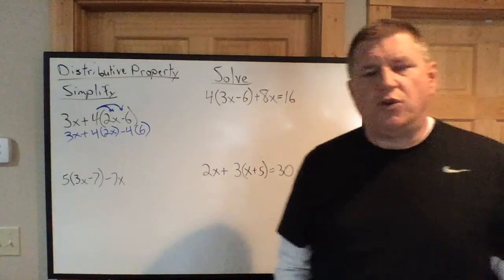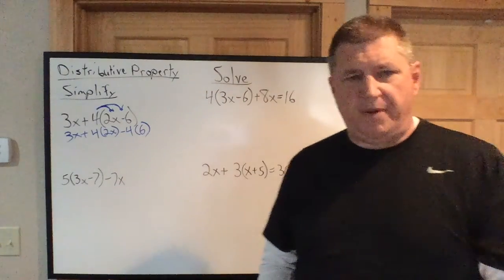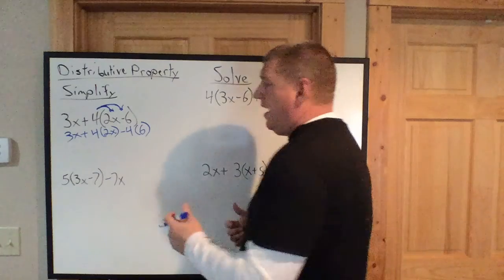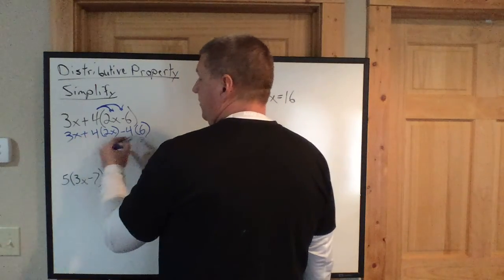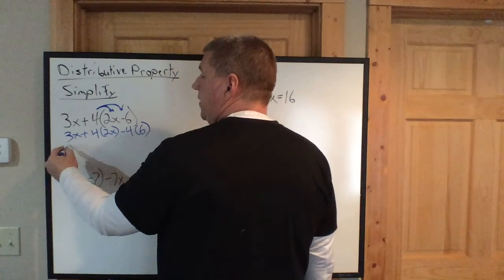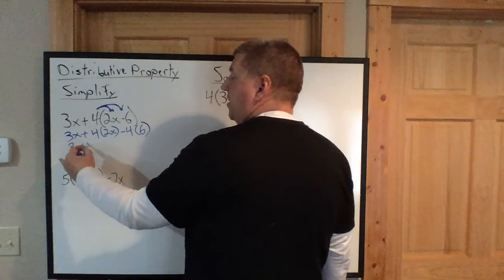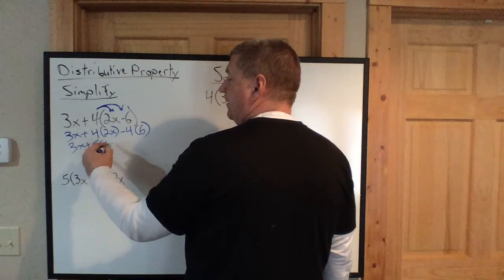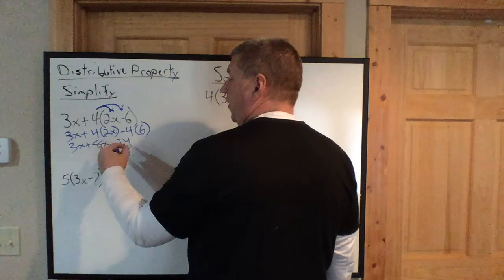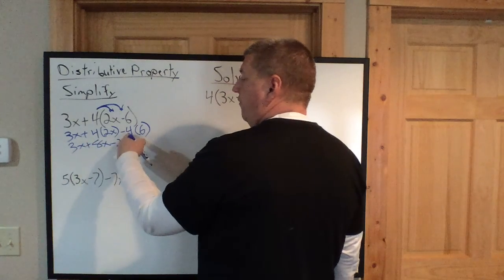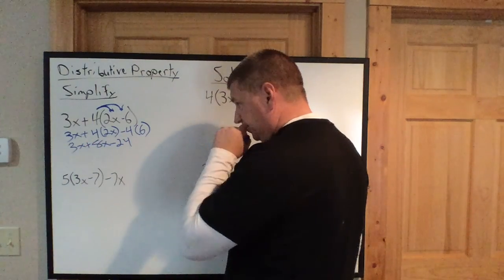Again, the function that we use with our distributive property will always be multiplication. So now I can simplify both of these terms. So I have 3x plus 8x minus 24. 4 times 2 gives me the 8. 4 times 6 gives me the 24.